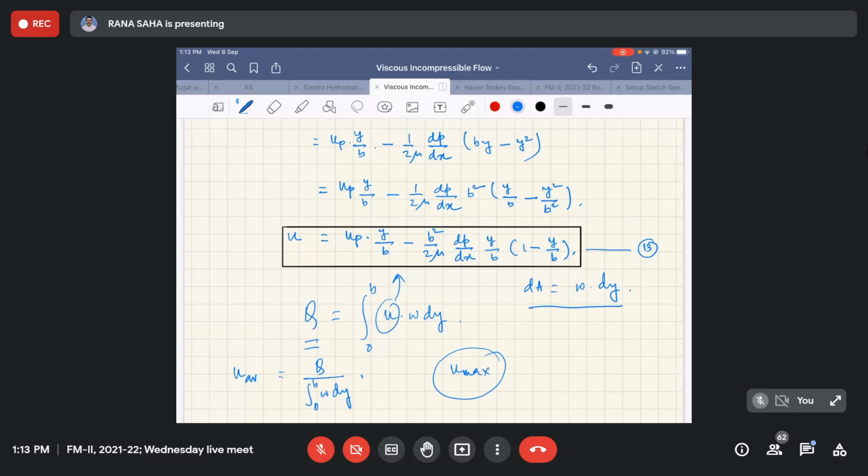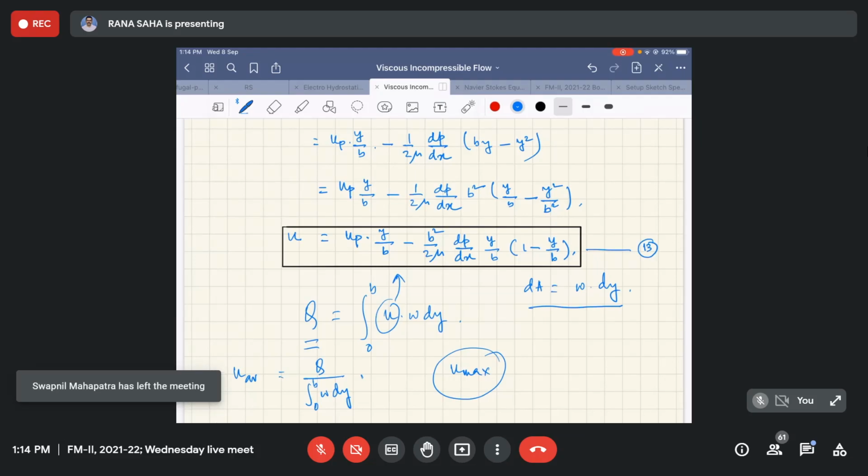Typically, for the case of flow through parallel plates, if you fix the reference frame exactly at the middle layer or at the axis, you can see the x-axis is placed at the middle of the two plates, and you can have the distance b above x in the positive y direction.